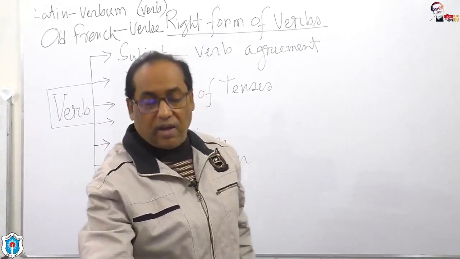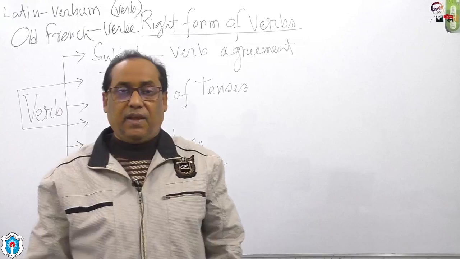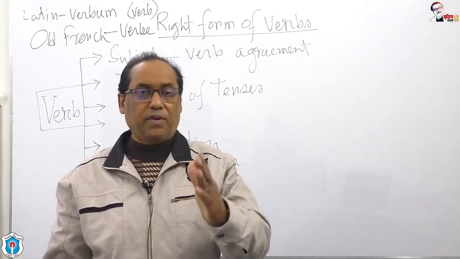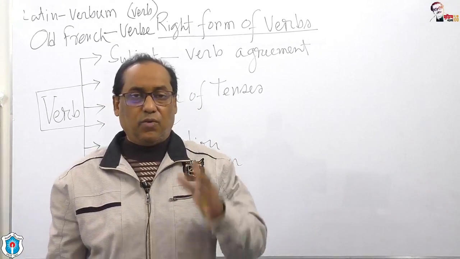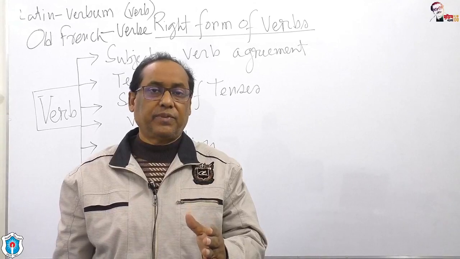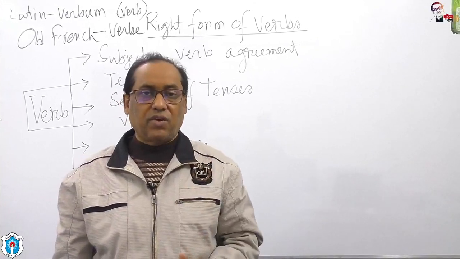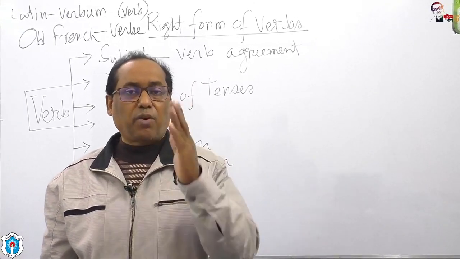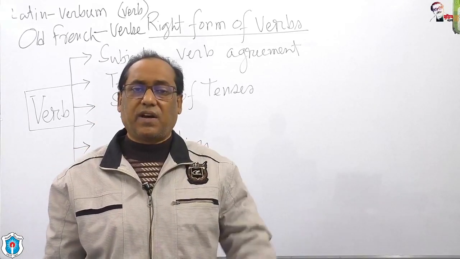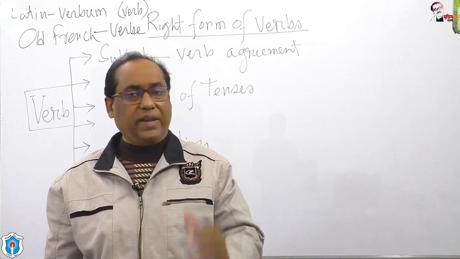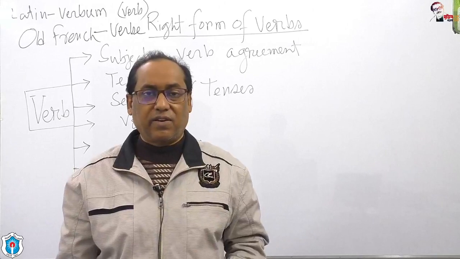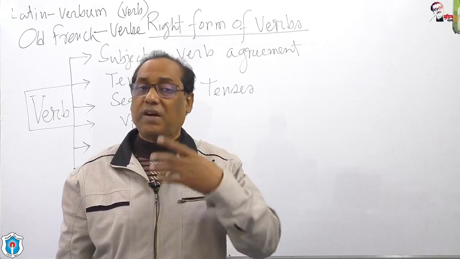Now, what is a verb? A verb is a word or a class of words which describes an action or an occurrence or a state of being. In fact, a verb is the heart of a sentence, as our body can't function without the existence of heart.